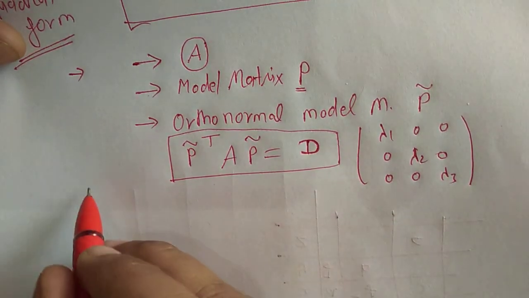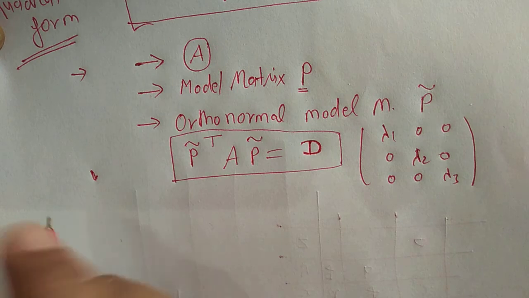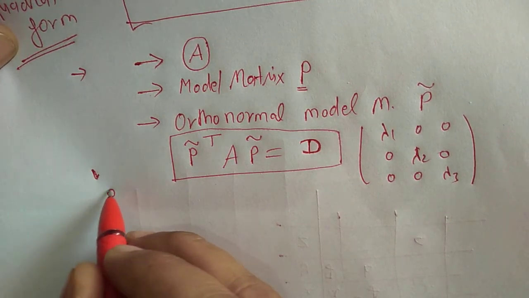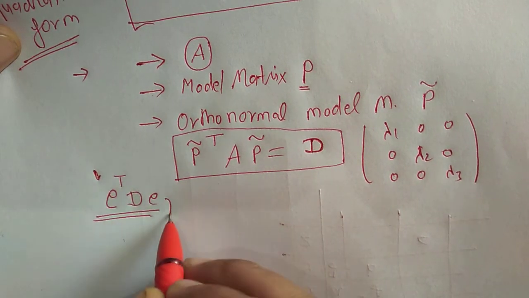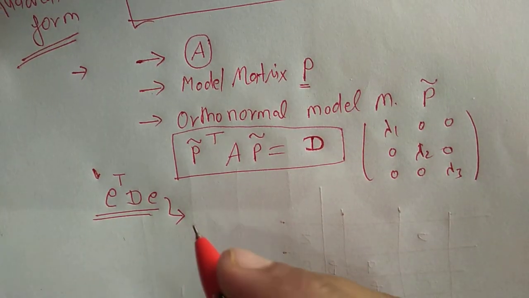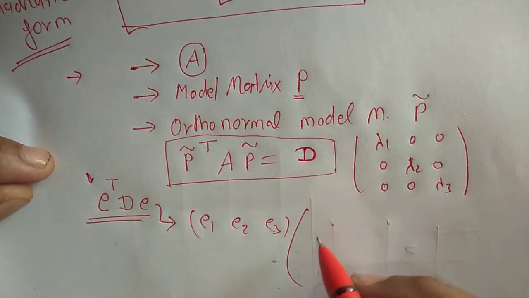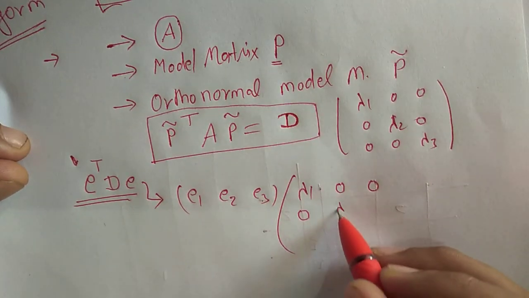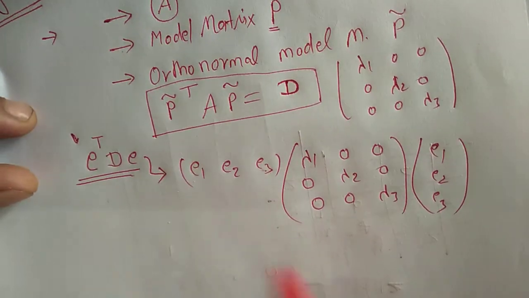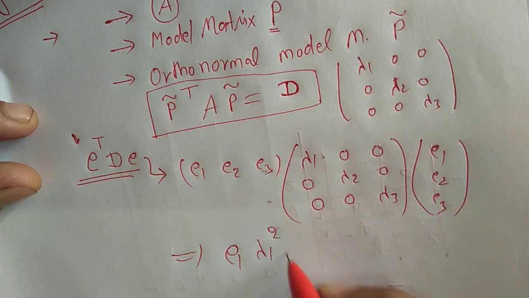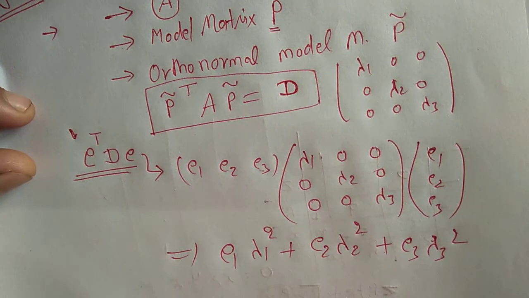Now we define some new variable E. So E transpose D E will be the quadratic form, where E is E1 E2 E3, and D is lambda 1 0 0, 0 lambda 2 0, 0 0 lambda 3, times E1 E2 E3.